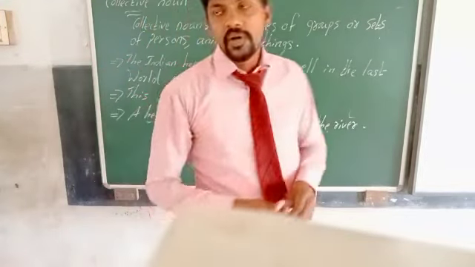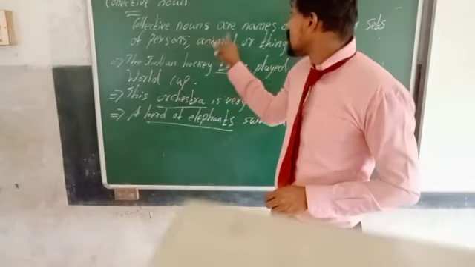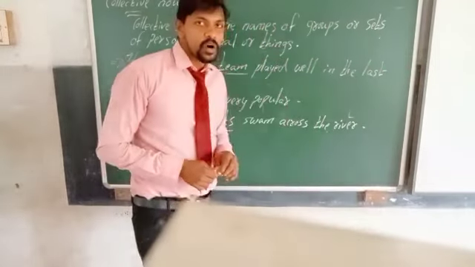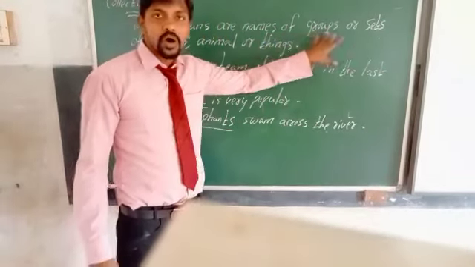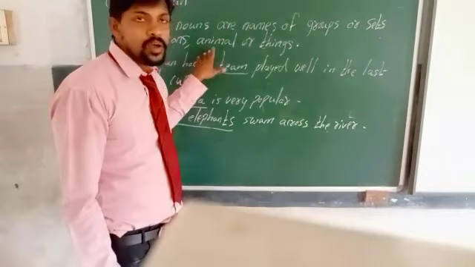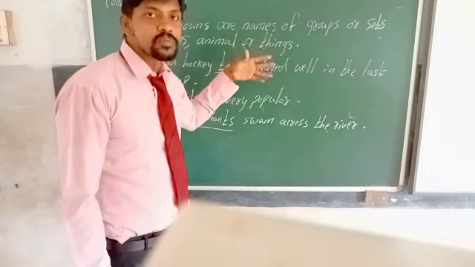Again, collective nouns are names of groups or sets of persons, animals or things, more than one, more than two, more than three, more than five.